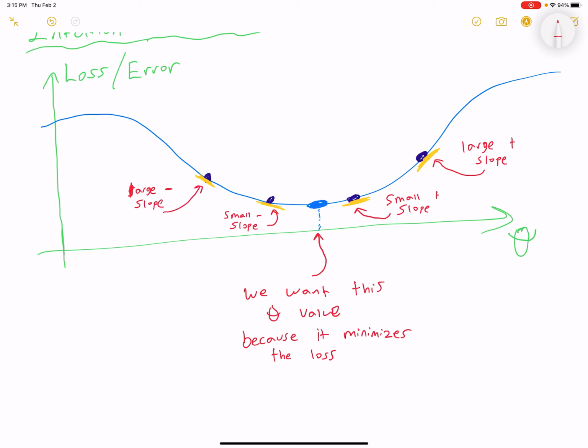So when the slope is positive, we want to move left, and when the slope is negative, we want to move right. And calculus lets us know that. In other words, when the slope is positive, we want to decrease our parameter value. When the slope is negative, we want to increase our parameter value.